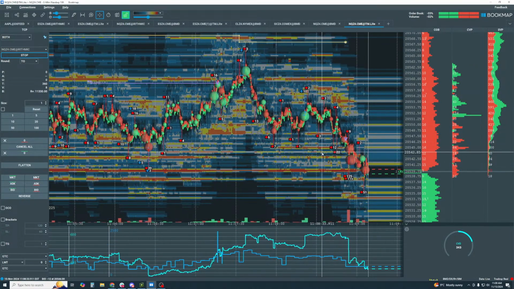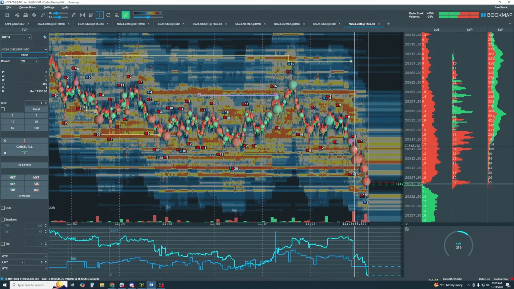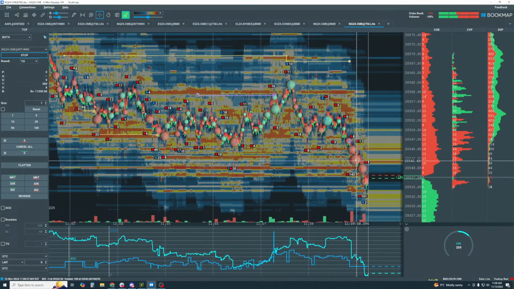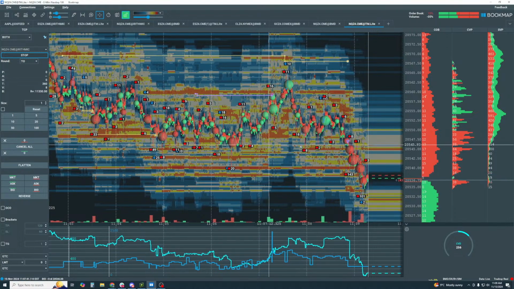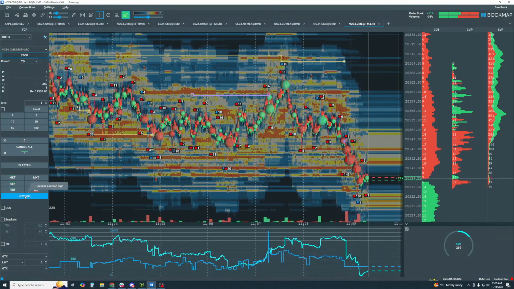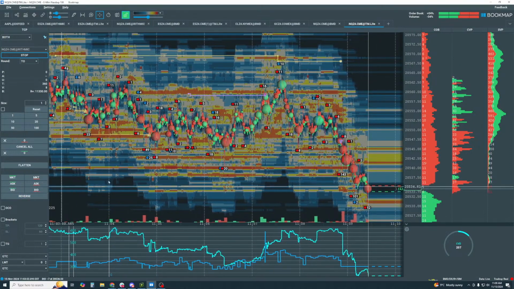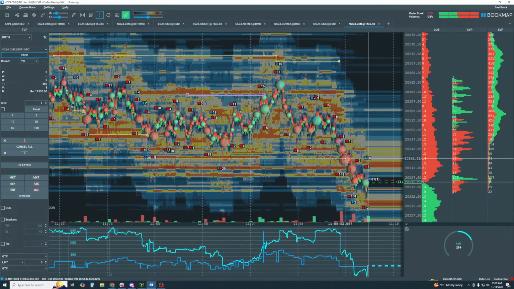Okay. In fact, when we start to see that kind of stuff, we can even think about, wow, okay, we're starting to see that selling momentum come back in here below that area. You can reverse. You can use this reverse button here, but be very careful with this. I would use limit orders instead if you can.